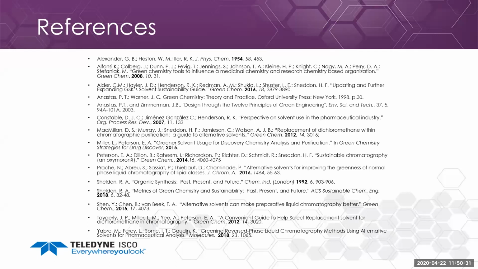Another question. Could you provide an example of adequate resolution in terms of RF? For flash chromatography, we like to work in column volumes, and we like to say if it's within 1 CV or more, we can usually get good separation.